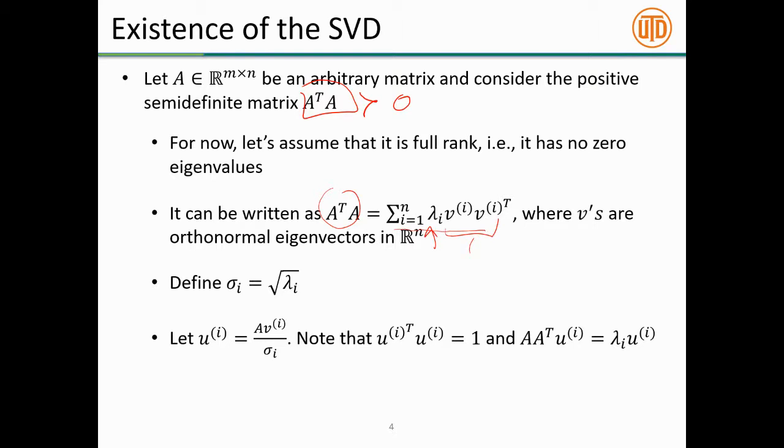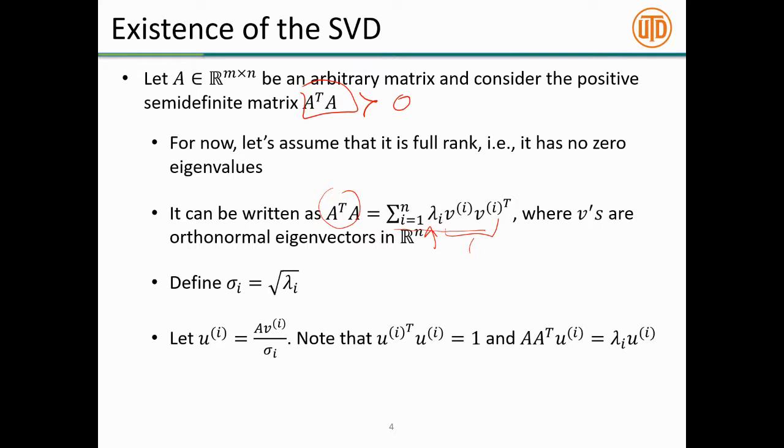This is just the standard eigenvector-eigenvalue decomposition for the matrix A transpose A. The assumption here is that these eigenvectors V are orthonormal eigenvectors in R^n. A transpose A is an n by n matrix, so it has eigenvectors in R^n.